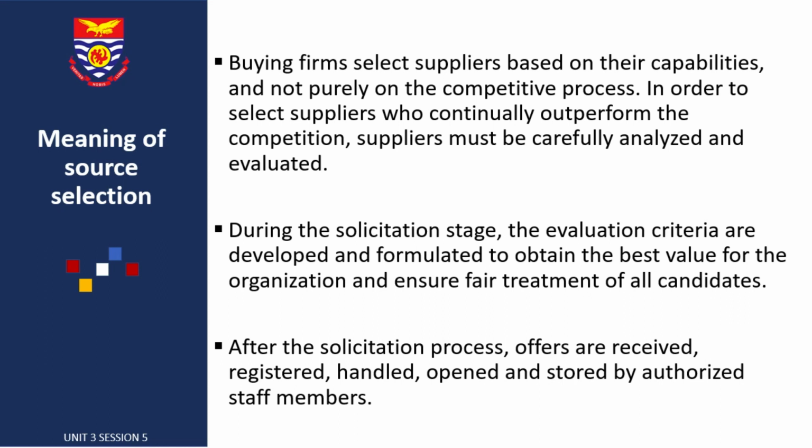During the solicitation stage, the evaluation criteria are developed and formulated to obtain the best value for the organization and ensure fair treatment of all candidates or potential suppliers. After the solicitation process, offers are received, registered, handled, opened and stored by the authorization staff.